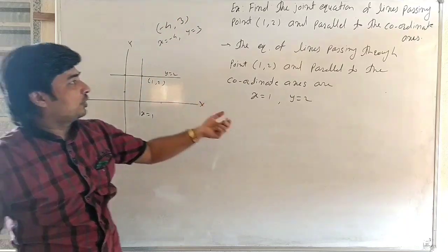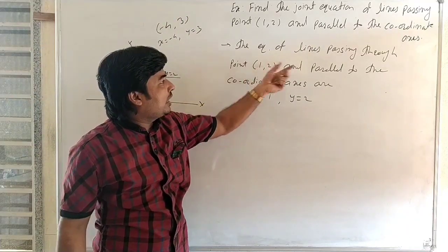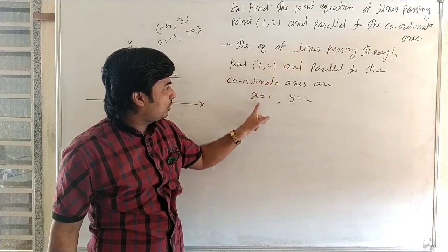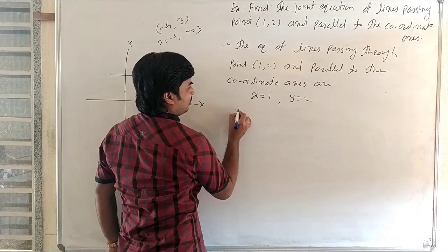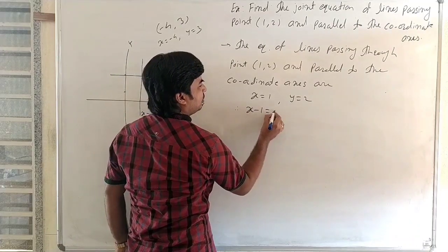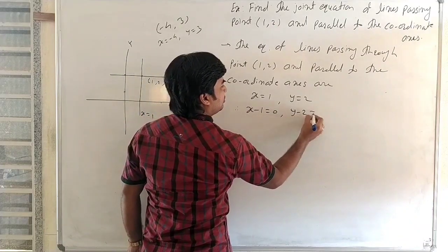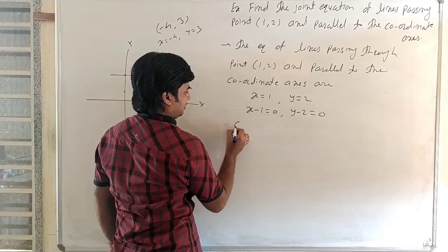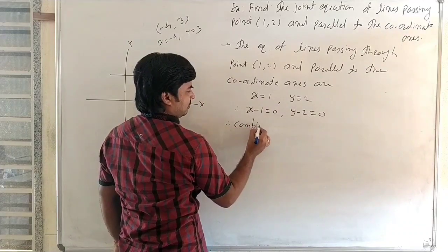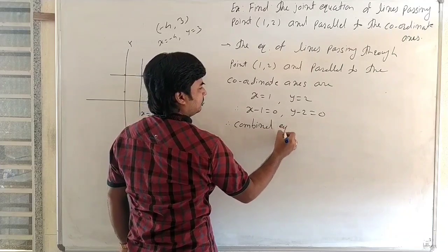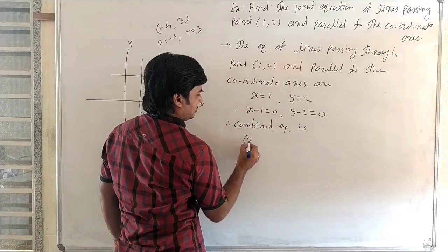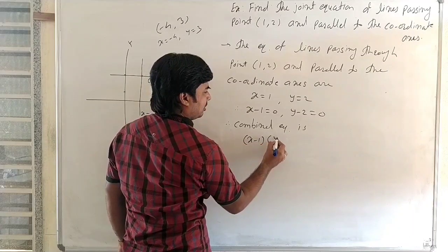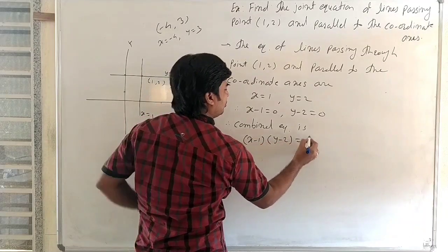Now, passing through point (1, 2) and parallel to the coordinate axis, the equations of the lines are x = 1 and y = 2. Therefore we can write x - 1 = 0 and y - 2 = 0, and the combined equation is (x - 1)(y - 2) = 0.